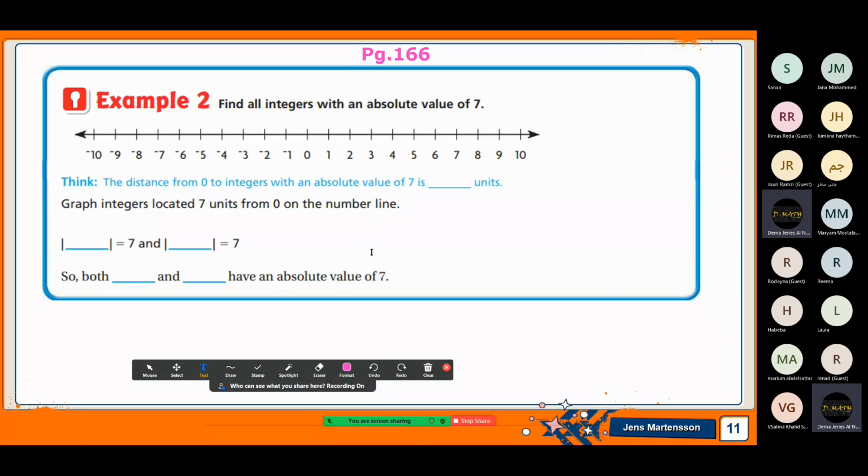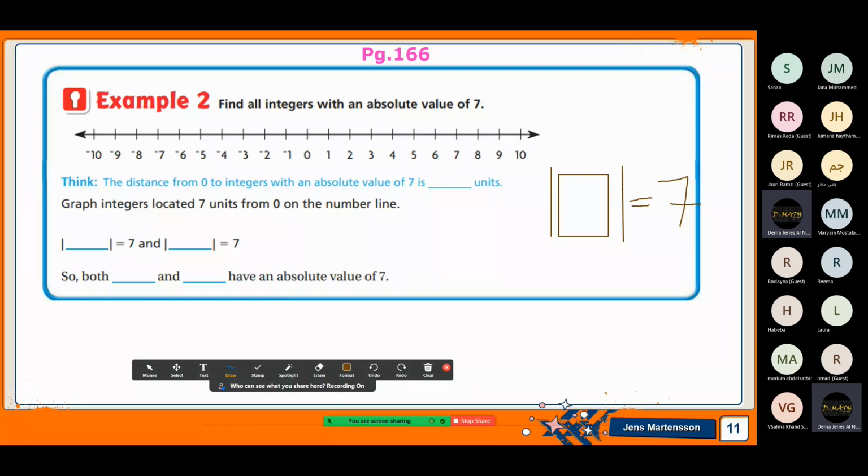So what do I mean? There is a number here which I don't know, but they told me that its absolute value is 7. So what is the number, or what are the numbers whose absolute value is 7?